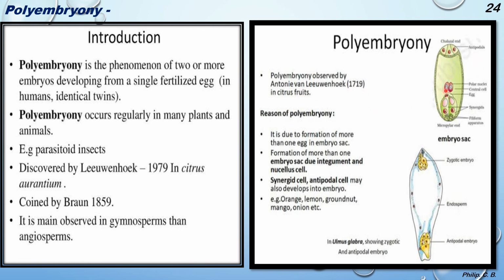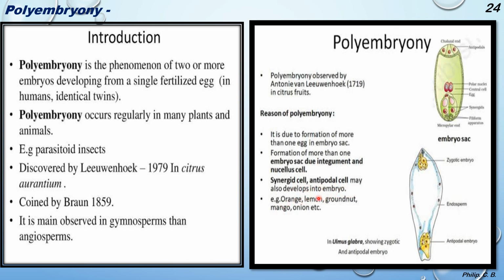So you can see here how it takes place inside. Usually we have the 8 cell stage. Here we can see synergids and the filiform apparatus also seen over here. Then the reasons for polyembryony can be: the formation of more than one egg in an embryo sac; the formation of more than one embryo sac due to integument and nucellus cells; synergid cells and antipodal cells may also develop into embryo.